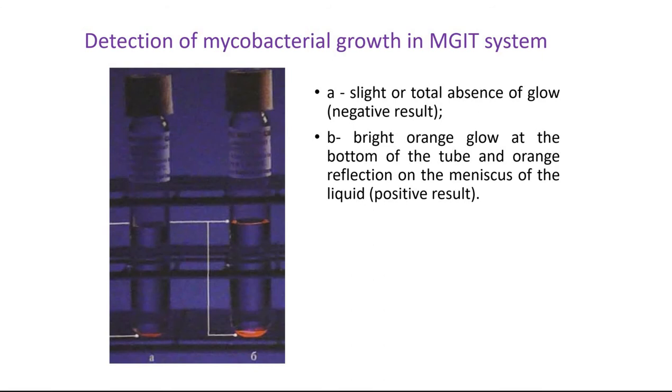Division of mycobacteria leads to a decrease in the amount of oxygen and its concentration in the tube, which causes an increase in fluorescence, which becomes visible when the tube is irradiated with ultraviolet light and is automatically recorded by photosensors built into the BACTEC device.